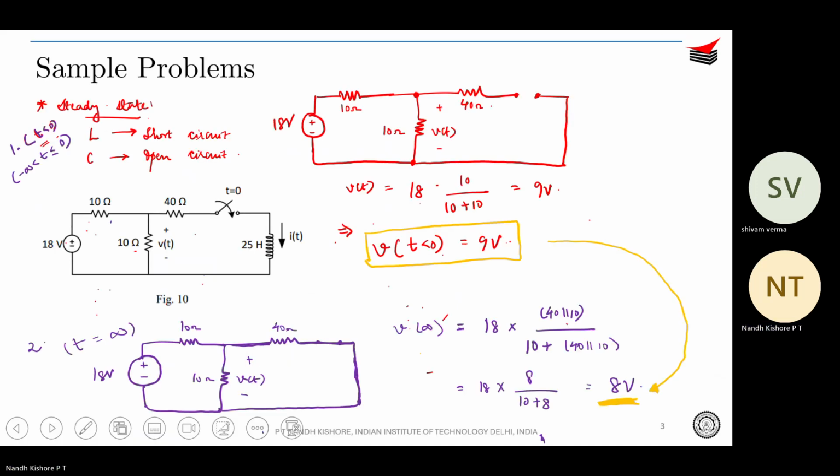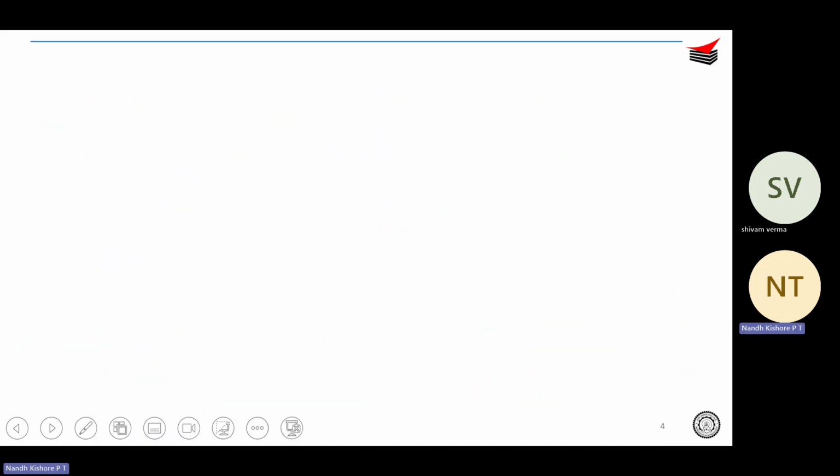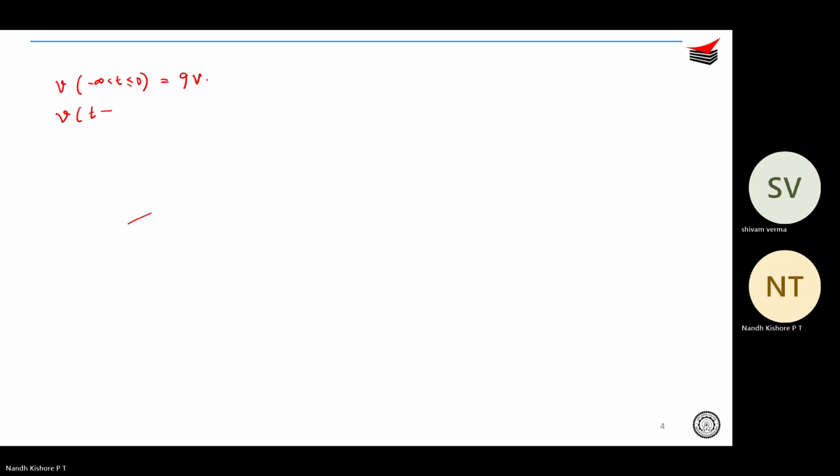So yeah, so we have now calculated two things, right? So for minus infinity less than t less than or equal to 0, V of t is how much? 9 volts. And V for t tends to infinity, after switch is closed, 8 volts. So this was steady state before switch closes.